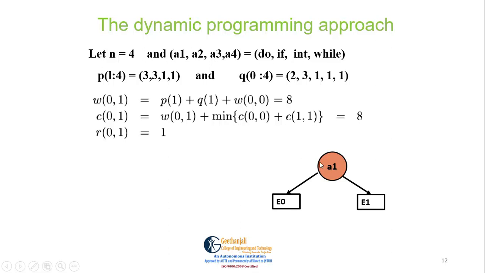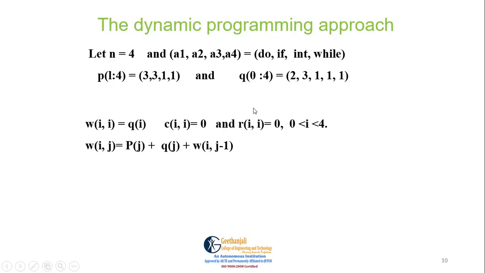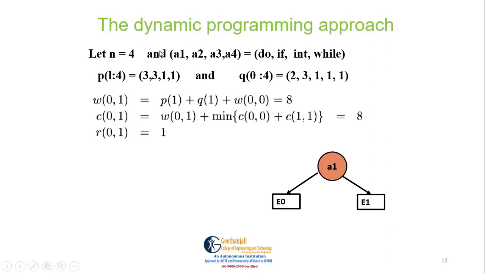Now what is the cost of this particular tree? W of 0,1 is equal to P of 1 plus Q of 1 plus W of 0,0. So what is the value of W of 0,0? You can see it in the previous one. W of 0,0 is nothing but Q of 0, which is 2.